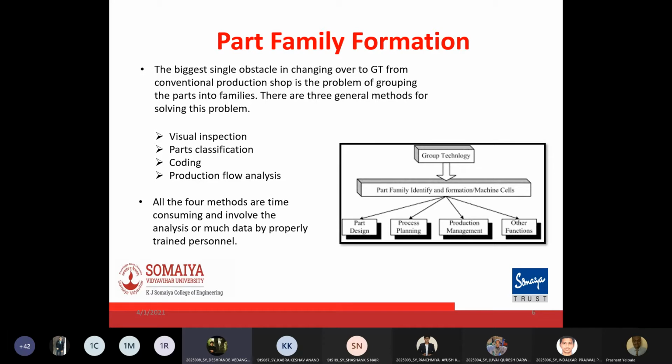Visual inspection, part classification, production flow analysis, and coding are the steps. These methods are not that expensive, but they consume a lot of time and require a huge collection of data by properly trained personnel to get an errorless group technology formation. Next slide.